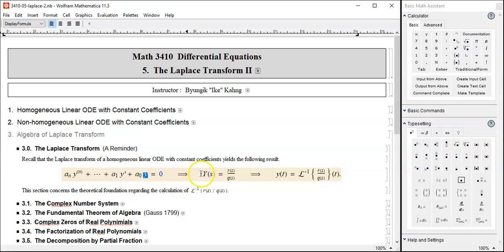That way we can prove that capital Y of s, the Laplace transform, is equal to a proper rational function r of s over q of s, where q is the characteristic polynomial given by these coefficients, and of course it has degree n, and r of s is a polynomial of degree at most n minus 1, so that this whole thing is proper. And then, upon taking the Laplace inversion, we come back to the original.